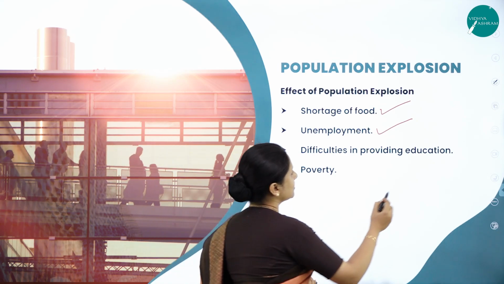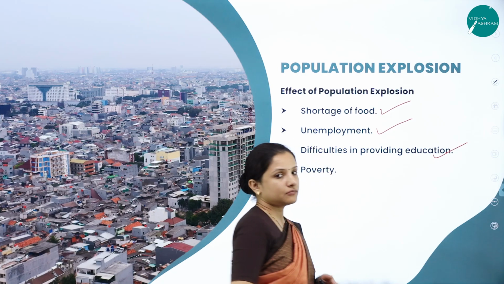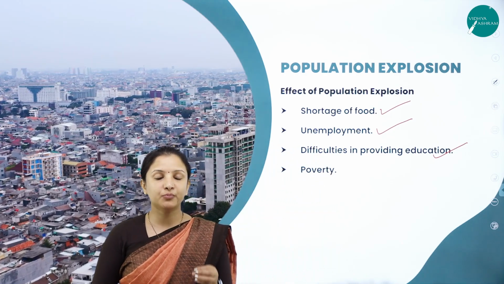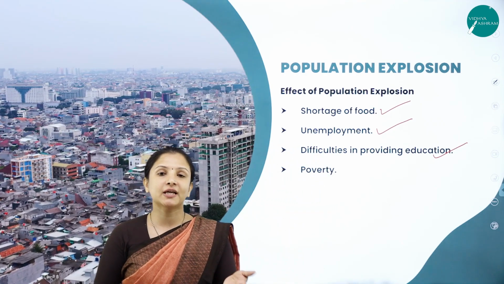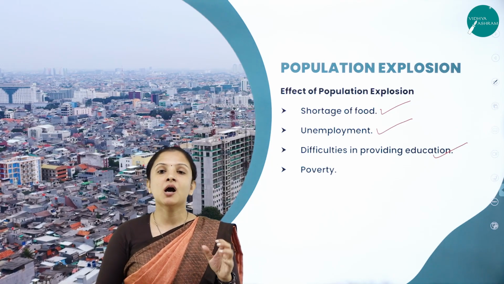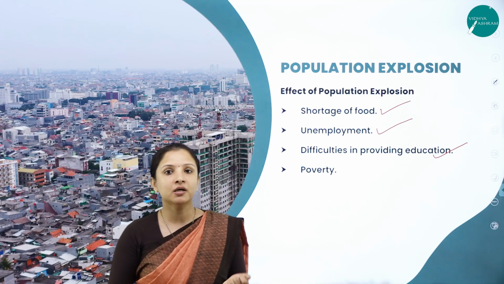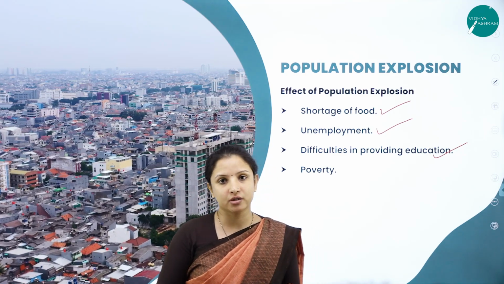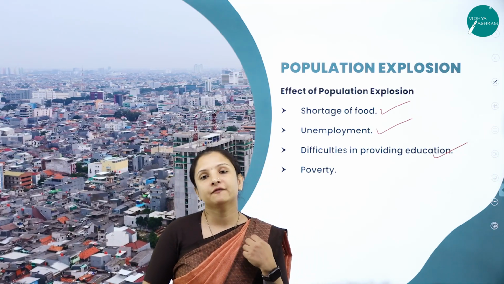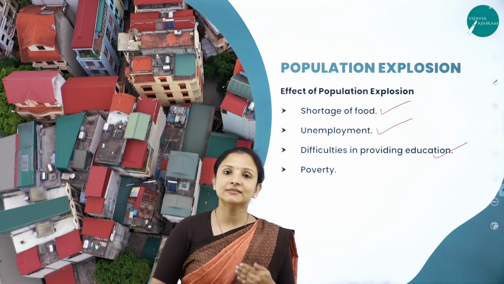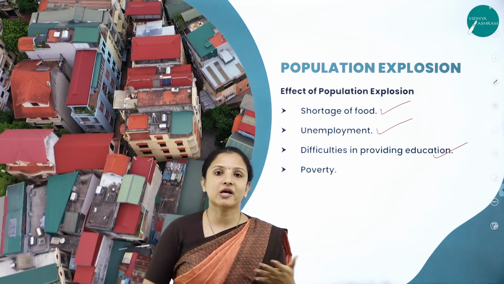Next is difficulties in providing education. If there is no curb brought in the population explosion, say for example, there is a slogan, Hum do, Hamare do, wherein each family in India should have 2 children. So if 2 children or 1 child is there, then it is easy for the family to support the child's education.